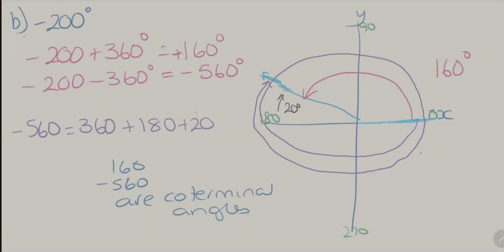If we went round, on the inside here, this is 180 plus 20. So the green angle here is minus 200. So we can say that with minus 200, they're all coterminal angles.